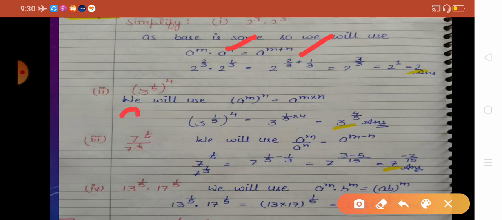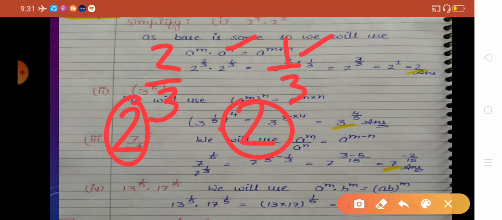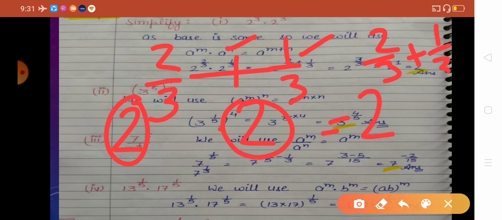So here, 2 raised to power 2 by 3 into 2 raised to power 1 by 3. As the base is the same, the powers will be added. So 2 raised to power 2 by 3 plus 1 by 3. As the LCM is 3, both the numerators will be added. 2 plus 1 is equal to 3. So 2 raised to power 3 by 3.